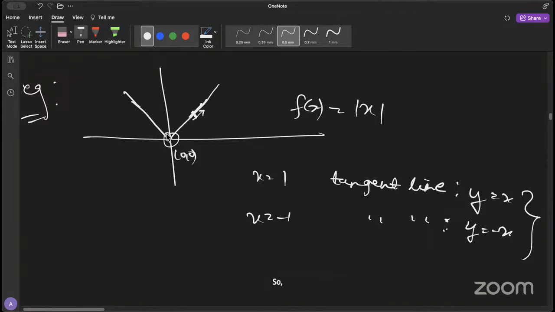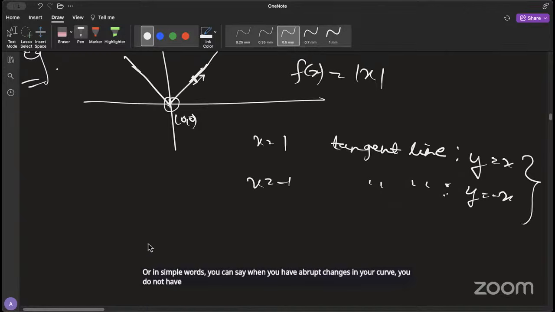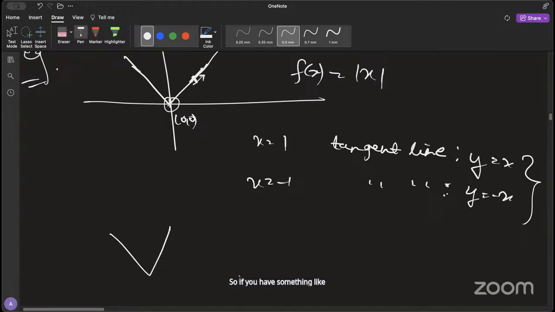Because there's an abrupt change, can I say this is the direction? Because it's not going here, right, after this. And I can't say this either, because there's an abrupt change. That's why there is no tangent at this point. Or in simple words, when you have abrupt changes in your curve, you do not have tangent lines there. So if you have something like this, or something like this, then because you have an abrupt change here, you are going here, and then suddenly you change the direction of the curve. That's why you do not have tangent lines at these points.